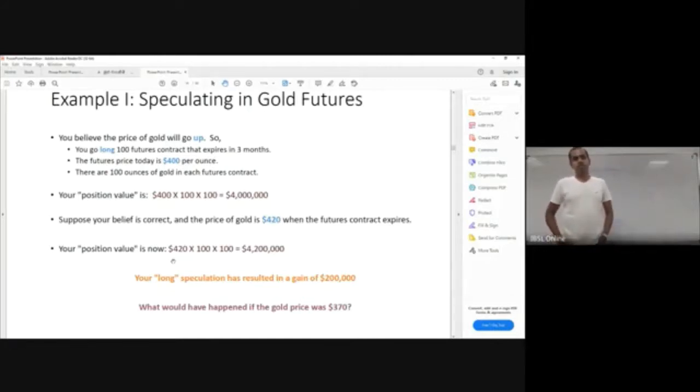So your position is $400 times 100 ounces times the number of contracts, which is also 100. And so your position is now valued at 4 million. But your actual investment, remember, is about 110,000.